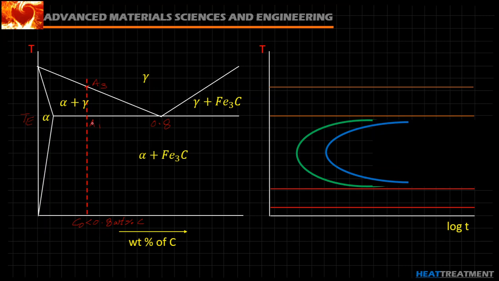As we cool along the vertical line, at this temperature alpha starts precipitating from gamma. As we see, here are the two critical temperatures, A1 and the A3 temperature for this alloy.